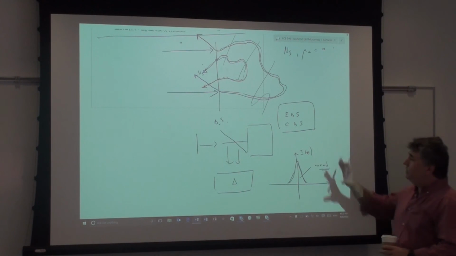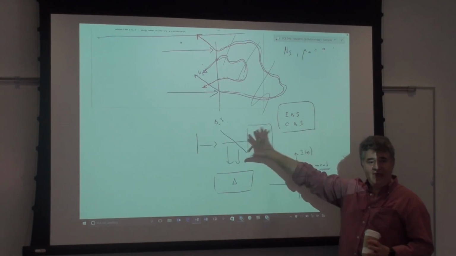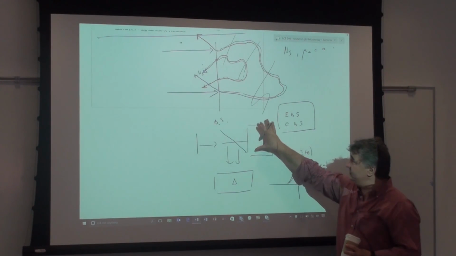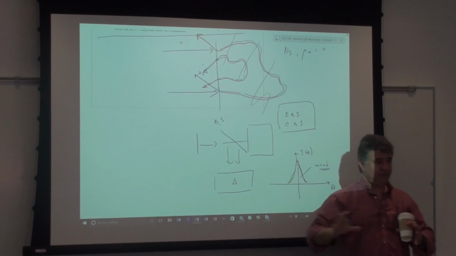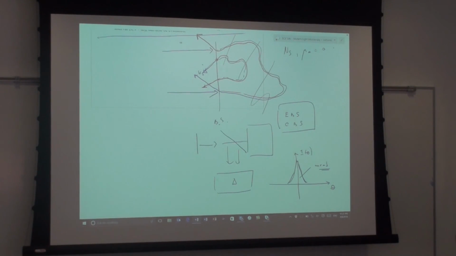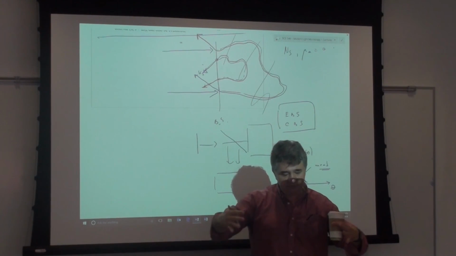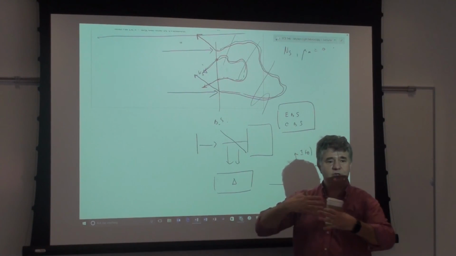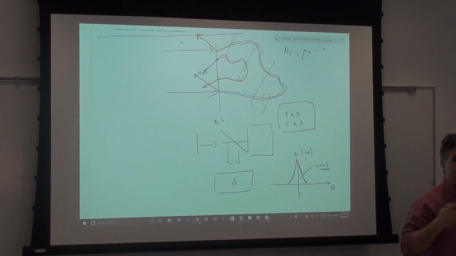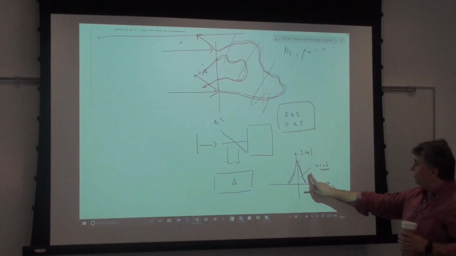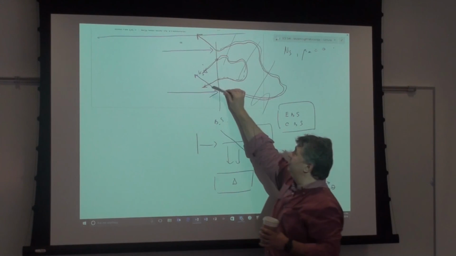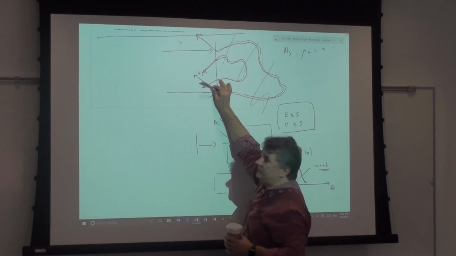But think about this. You get coherent light, so phase, light that is in phase coming out of a completely messed up medium. And the only reason is because you have this probability for paths going exactly in the opposite direction, being the same in amplitude and phase. And the trick is, it only happens for very, very small angles. This is an exaggeration. If you look at these other angles, you get nothing.